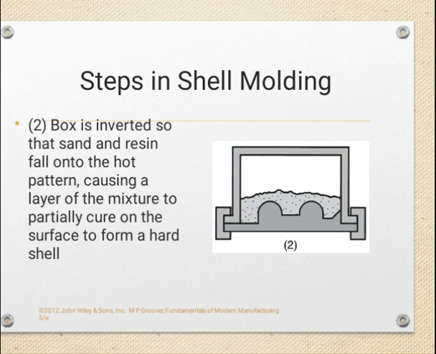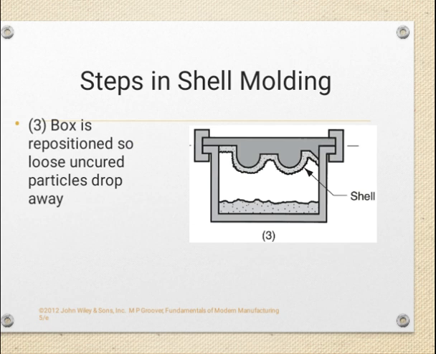In the shell molding steps, if you see the image, the box is inverted so that the sand and the resin fall onto the hot pattern, causing a layer of mixture to partly cure on the surface to form a hard shell. Now the box is repositioned so loose uncured particles drop away.